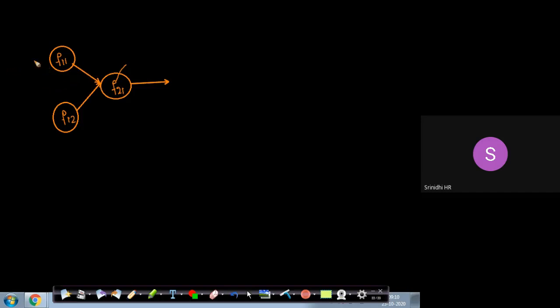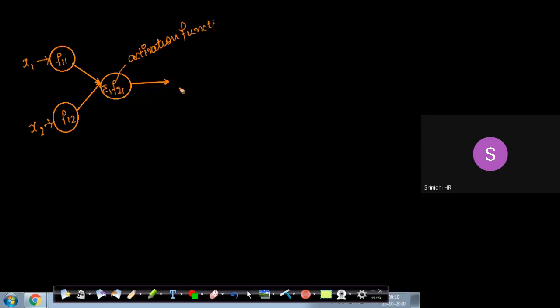Two inputs I am subjecting, let's say x1 and x2. So I have summation, comma, f, comma, f21. This function which I am applying on all these inputs, I'll call the activation function. So why do we require an activation function?